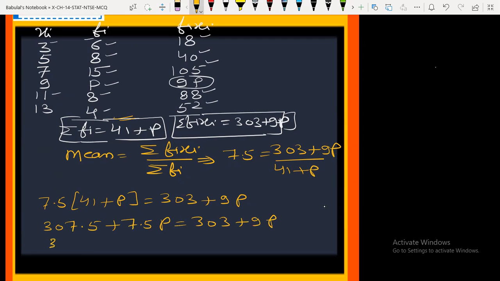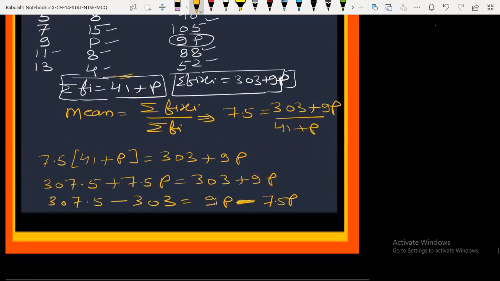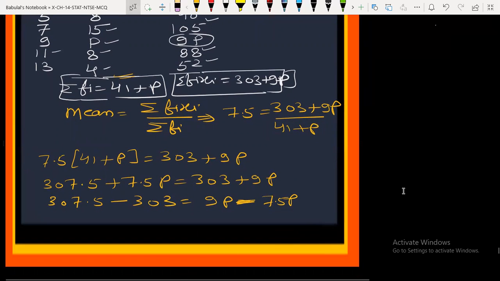So further, 307.5 minus 303 is equal to 9p minus 7.5p. On further calculation, we have, yes, please you calculate now yourself. That is 1.5p, that is 4.5.